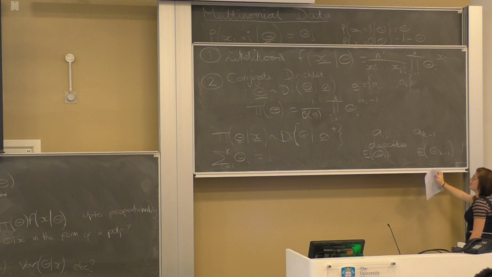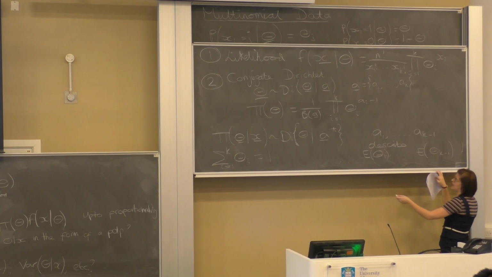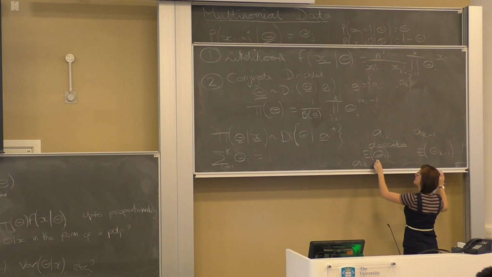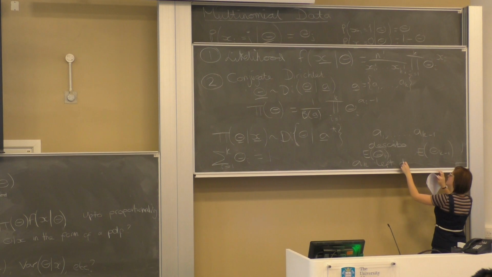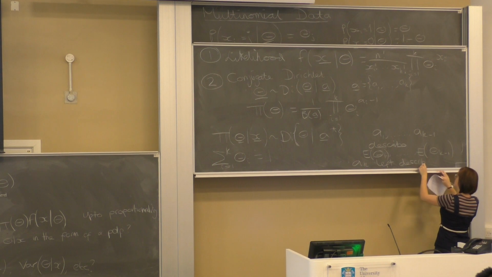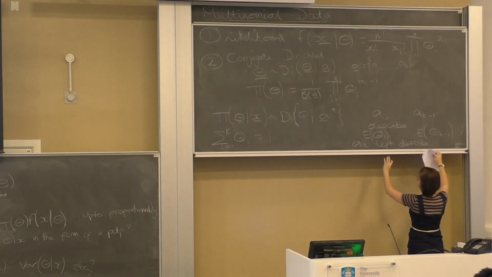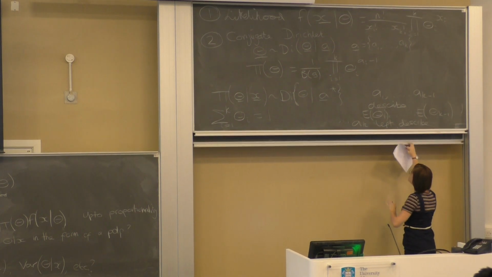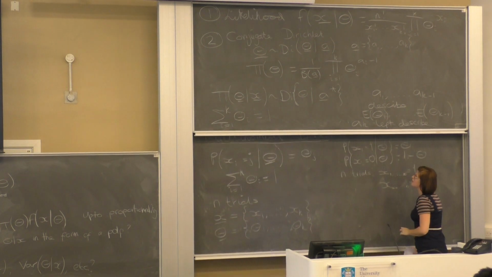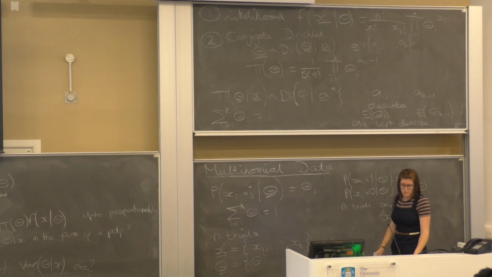But then we only have one parameter left. We've only got alpha k left to describe all variances about all of our parameters.